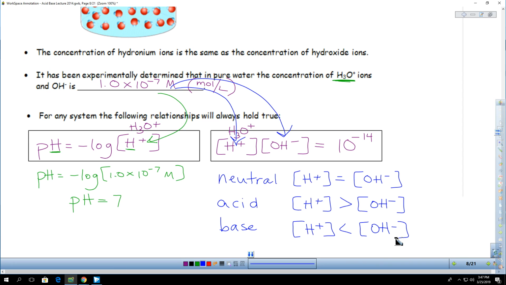Again, there might be some hydrogen present, but there will be significantly more hydroxide in a base. But no matter what, for any solution, if you multiply these two concentrations together, you will always get a constant, 10 to the negative 14th. And we'll look at how that can be used later on in this unit.